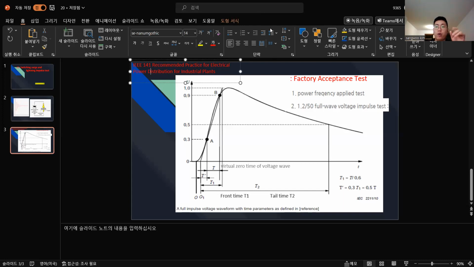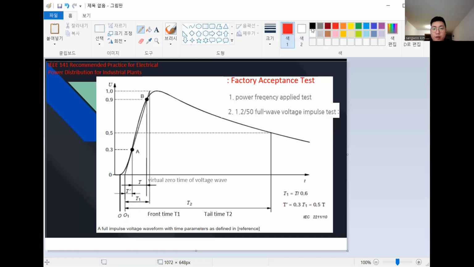So let's see what the lightning impulse test is. As I said, there are three variables: voltage magnitude, voltage duration time, and voltage slope. When you make an electrical device, it needs the test, which we call FAT, the factory acceptance test.